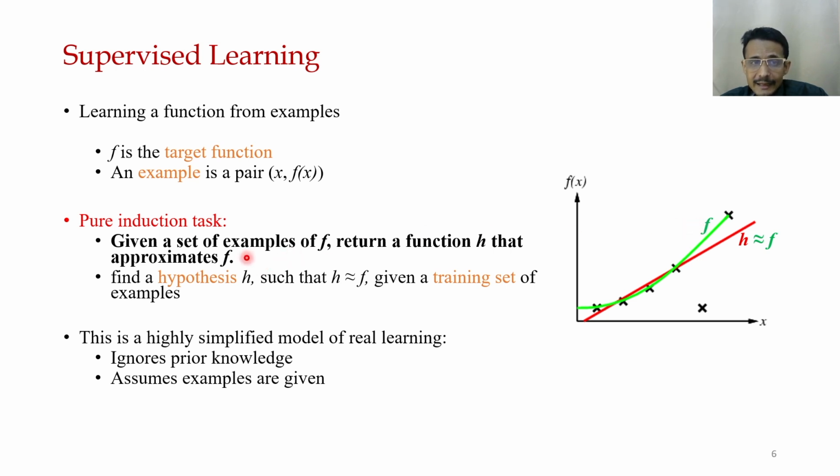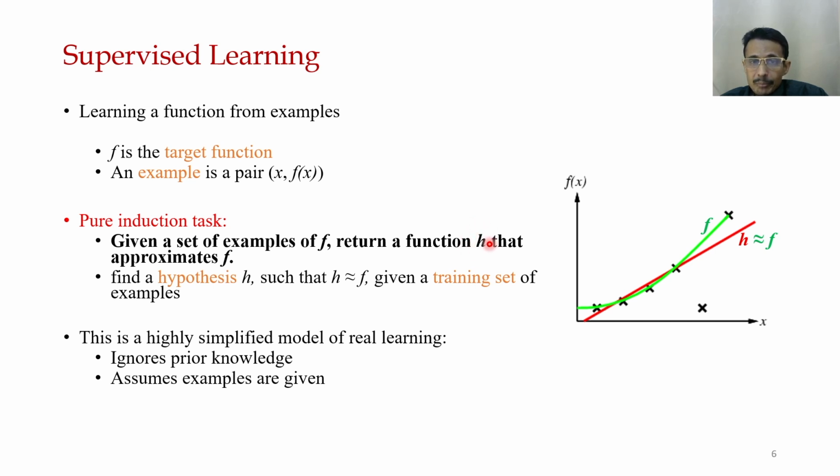But what we can get, given a set of examples, is a function that approximates this function. So we hypothesize a function that is going to approximate f, and that is this h function. This is called the hypothesis function.